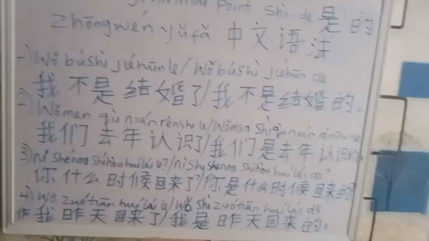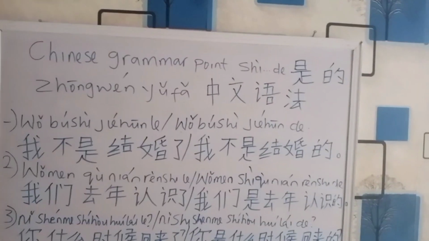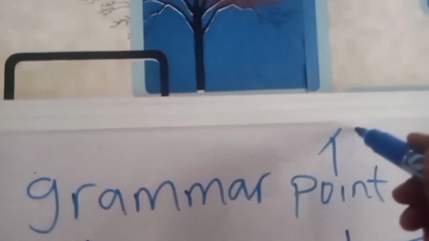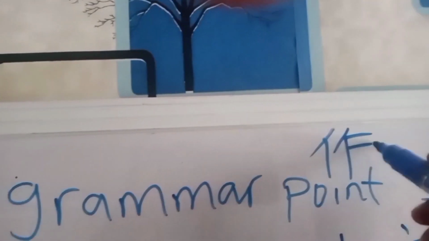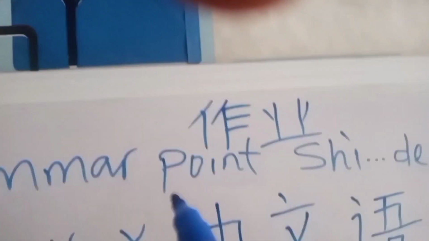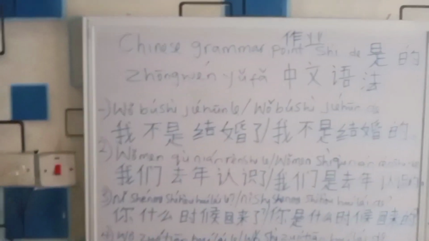There are 4 here. Give me 3 sentences using this structure. 是的. Let me see what you can come up with. And we are going to write our 作业. 作业. So this is it. I can't wait to see your sentences.